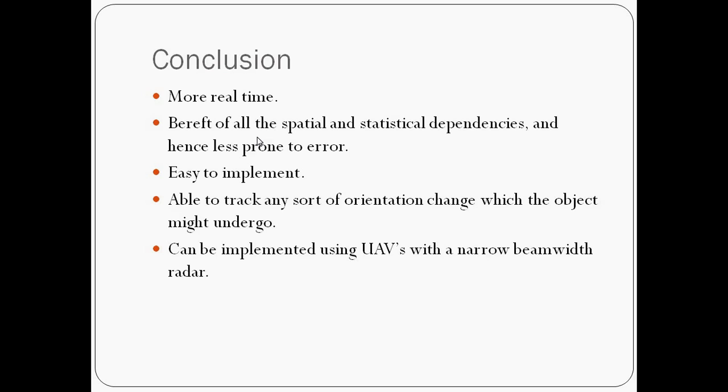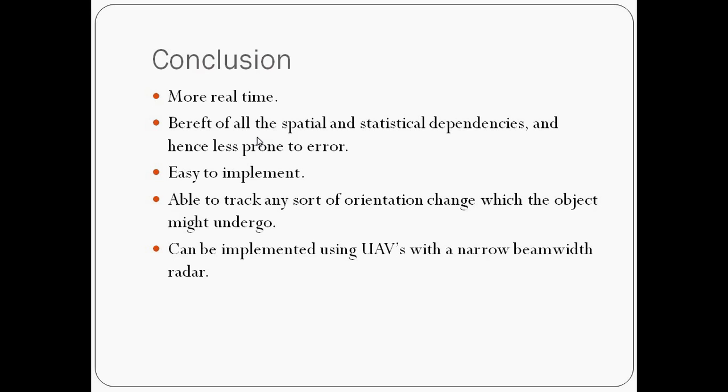So the conclusion: well, it is more real time. You have got a real time Doppler shift measurement, and you can track your object on the fly very quickly, because you just need to determine the pruned search area and then just track the object. It is bereft of any spatial and statistical dependencies, and hence less error prone.